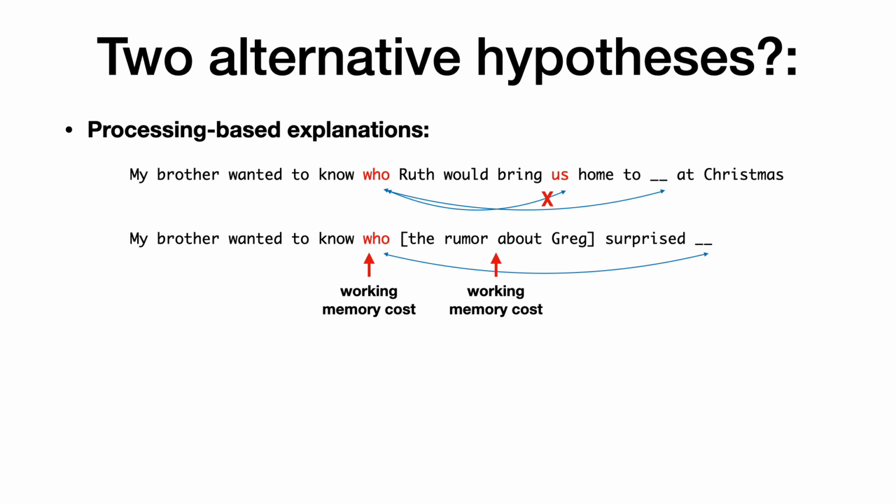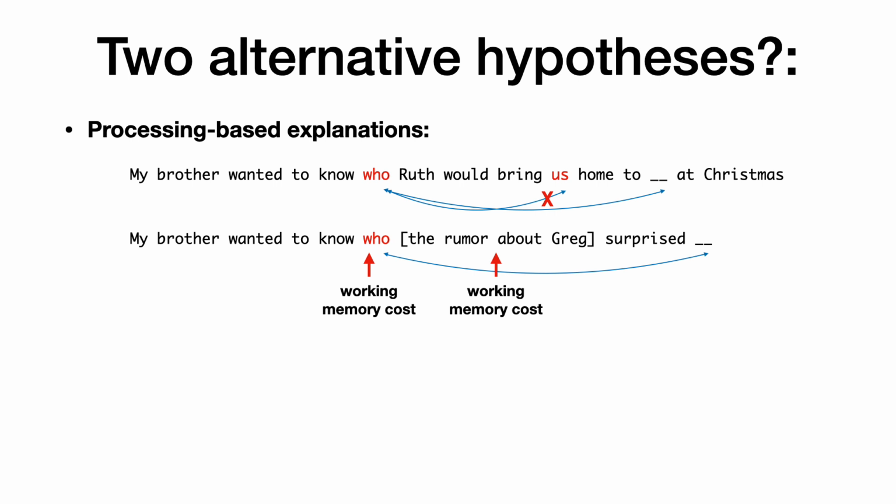And this hypothesis says islands are islands because they're too hard to process. The structure that we're saying is ungrammatical isn't ungrammatical. It's just too hard to process, so it's something that people struggle to consider, and for that reason it sounds funny, right?